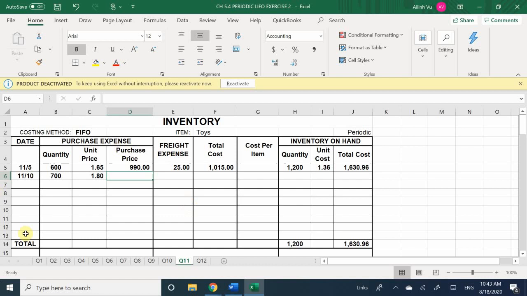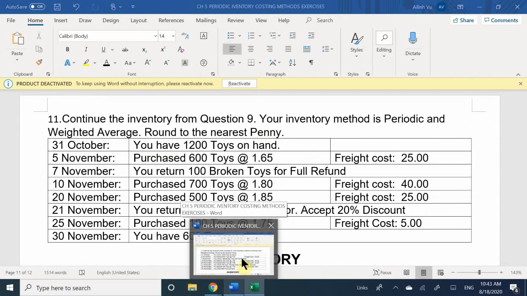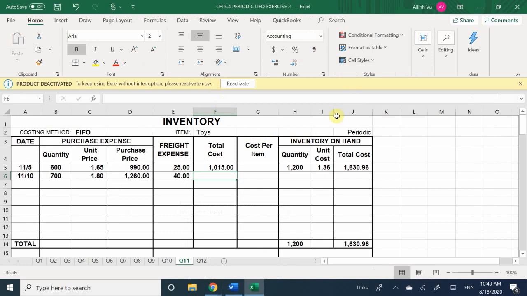What's my total purchase price here? 1,260, and I believe freight here was $40. Yes, it was $40.